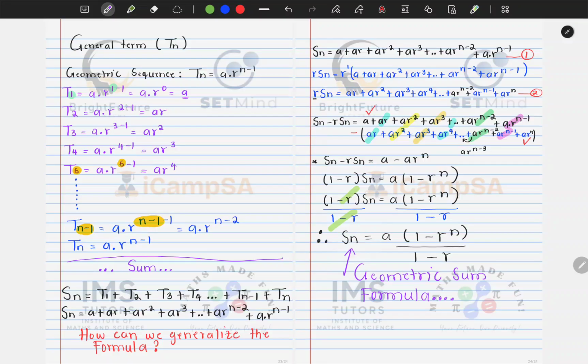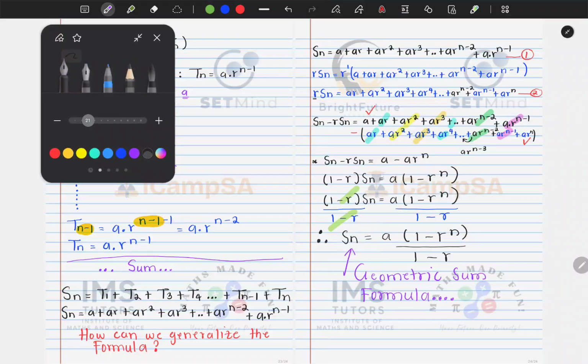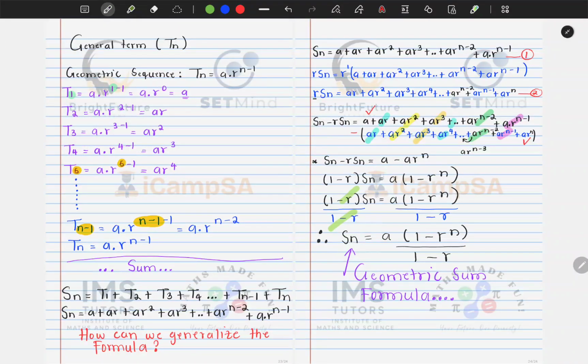So please make sure that you do understand how to derive this formula. It's very important that you actually know how. And then what you should note is that if we want, we can write it in another way. If we pull out a negative, we will have negative A such that we have (R^n minus 1).